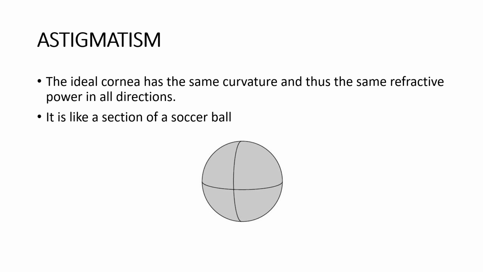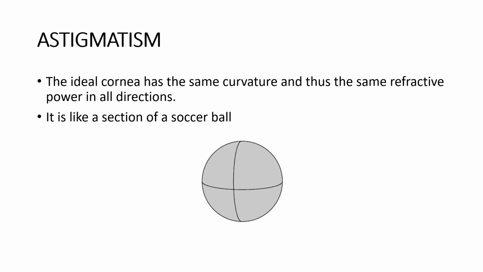If one thinks about it, one can look at it as, say, a side slice of a soccer ball, or any round ball, where the curvature vertically and horizontally and in all directions is equal.